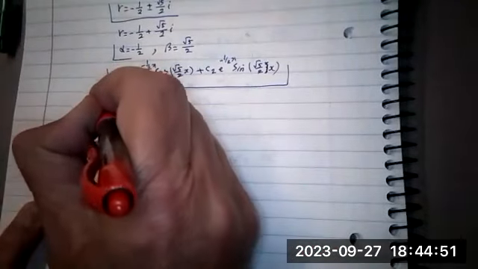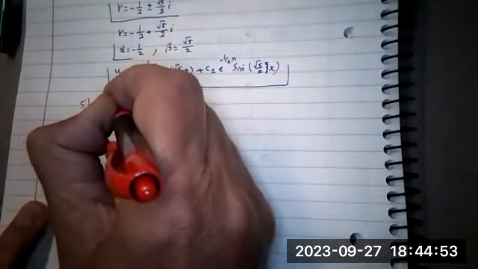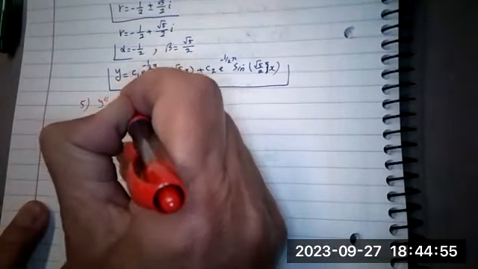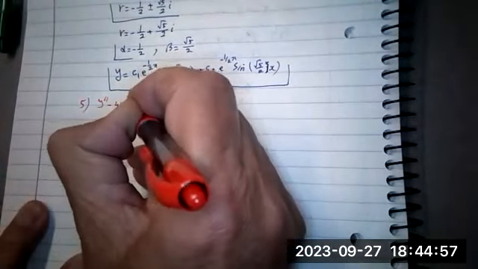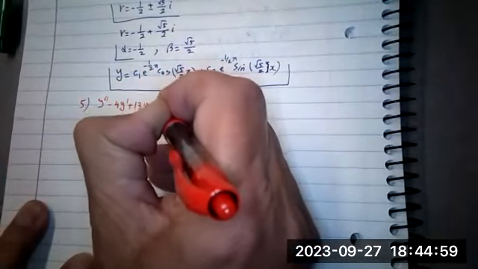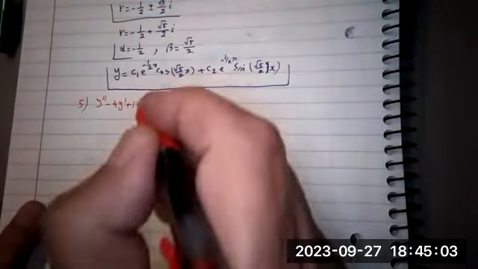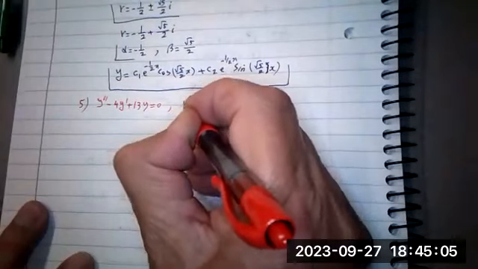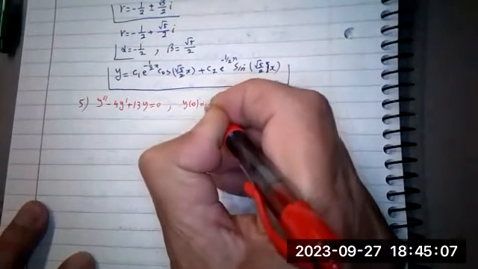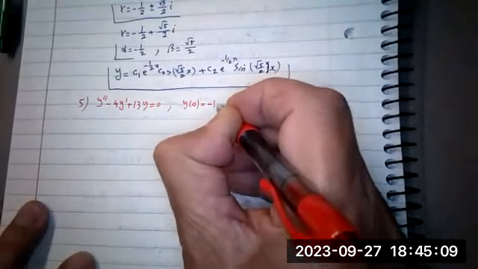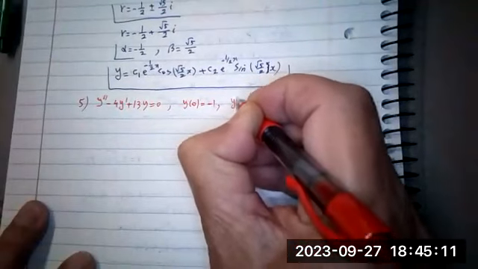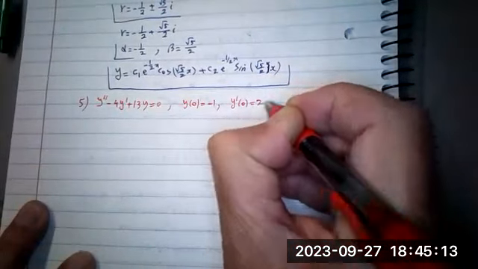We have y double prime minus 4y prime plus 13y equal to 0, but we're given extra conditions: y of 0 is equal to negative 1 and y prime of 0 is equal to 2.